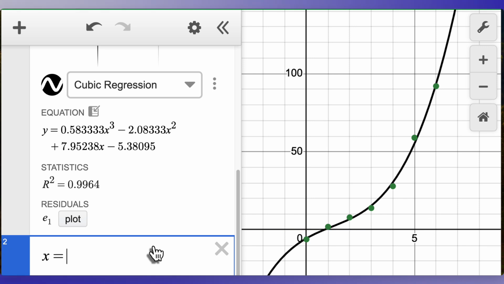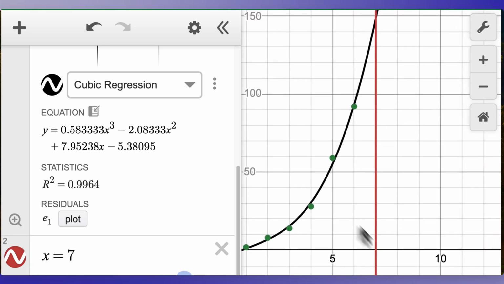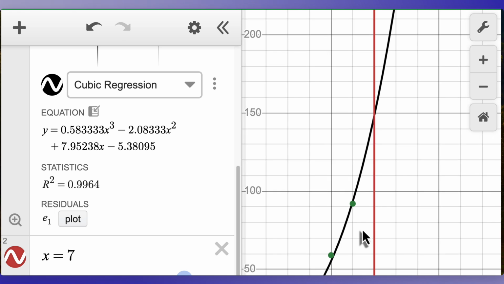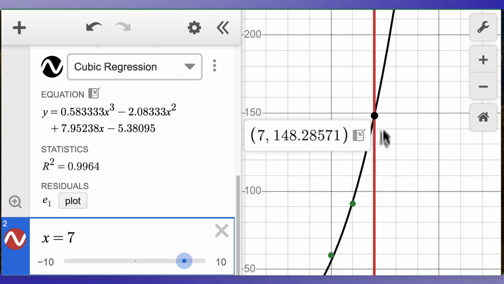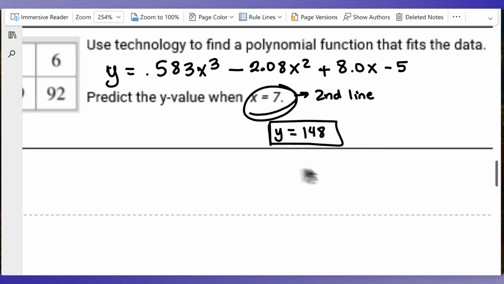What's going to happen is there's going to be a vertical line that pops up right here where x is 7, and we've done this before. Wherever they intersect should be the answer. So when x is equal to 7, your y value is going to be 148.3. I think in this case we round it to the nearest whole number, and it's that simple.